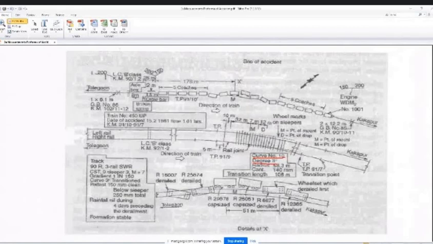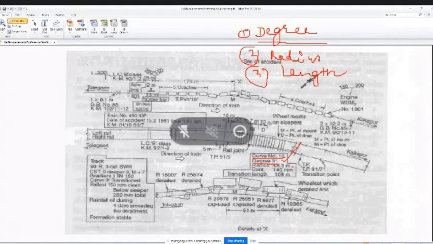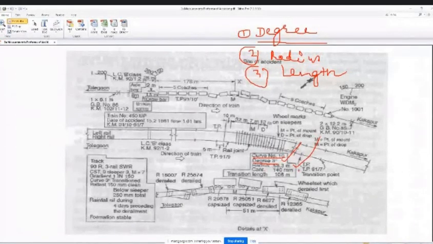Any curve will always have parameters: degree of a curve, radius of a curve, length of a curve. The degree of the curve is 3 degrees. Radius of the curve is 50. Cant, transition 1%.